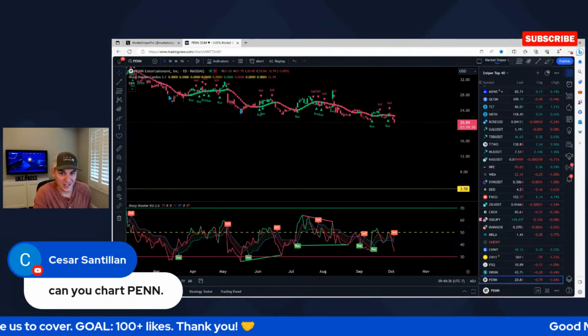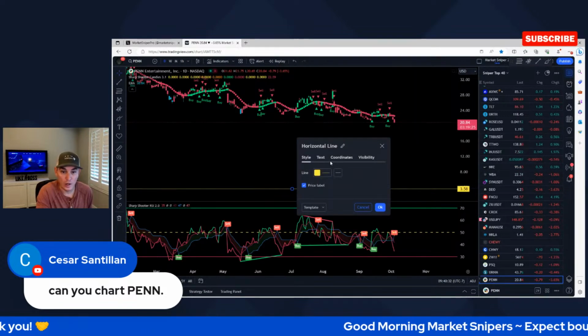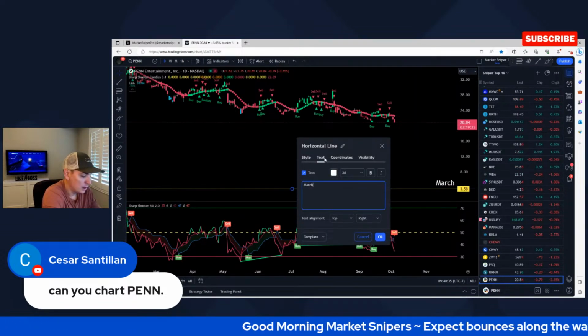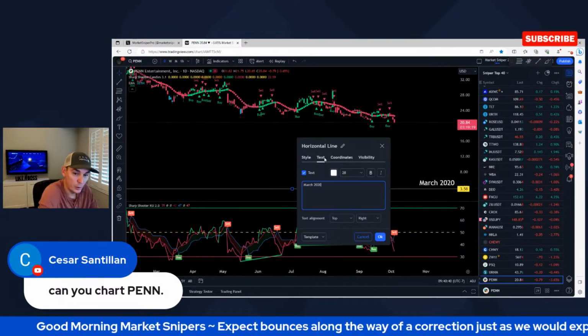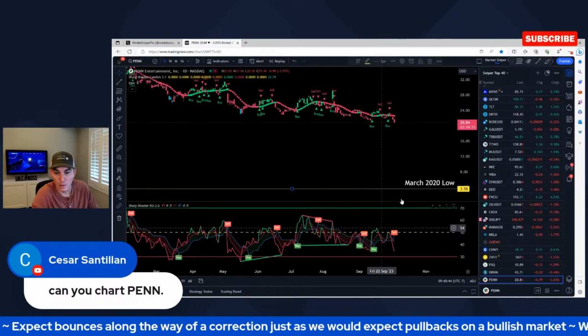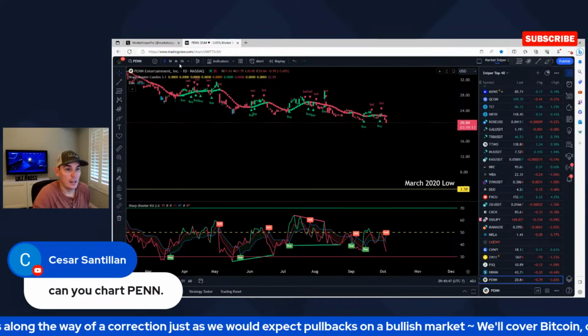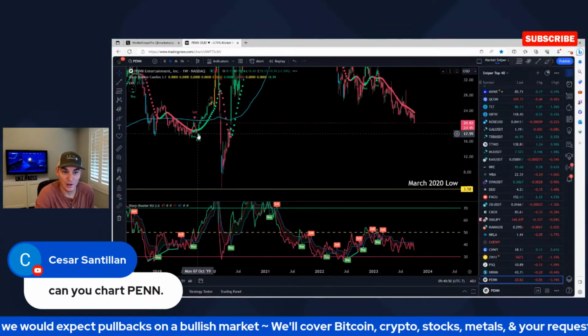Hope that helps. It's bearish on the daily, bearish on the weekly. This is the March 2020 lows. It's possible that it does a full retracement back down from here, right? Obviously, no guarantee, but there just doesn't seem like there's a ton of support.